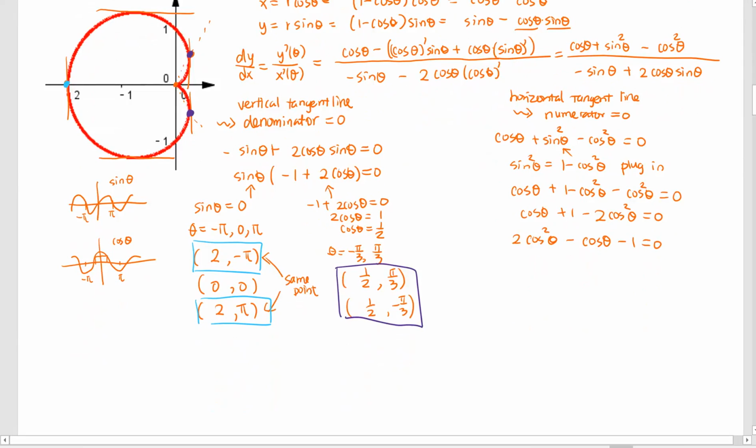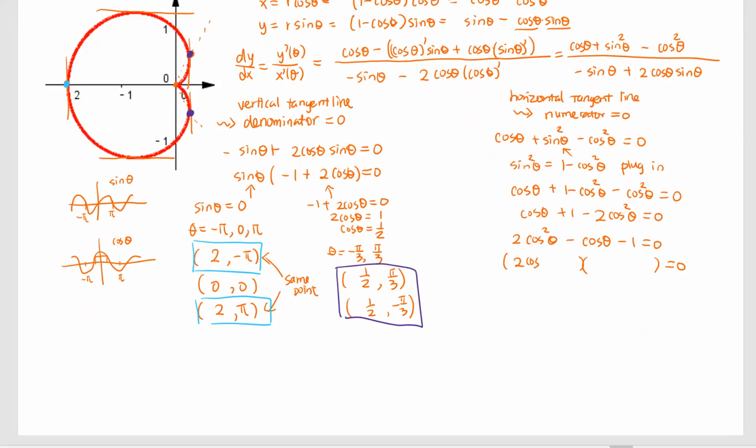This is like a quadratic equation, right? We can try to factor it. Let's see whether we can factor it. So I can put 2 cosine, -1. Oh, so I can do -2 and +1. That would give me -1. Great. Then this guy gives us 2 cosine theta plus 1 is 0. Cosine theta is -1 over 2.